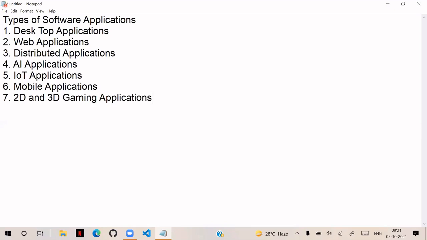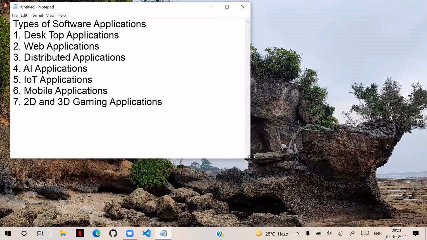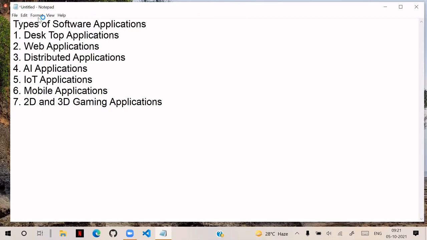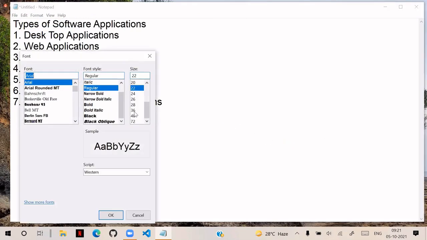That means in software technologies, you can make your career in any of these. You have a wide range of choices. As a software developer, you will be working with any of these types of applications. Let me increase the size.